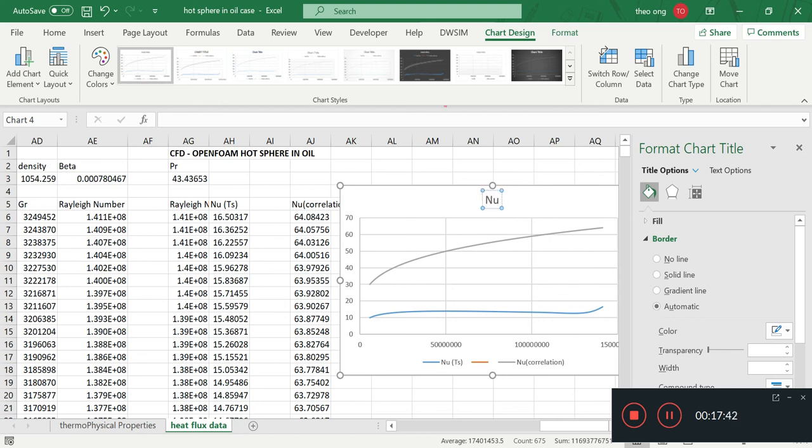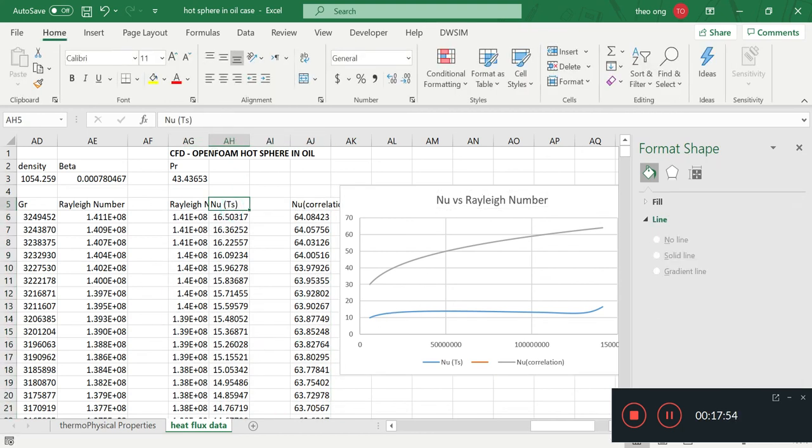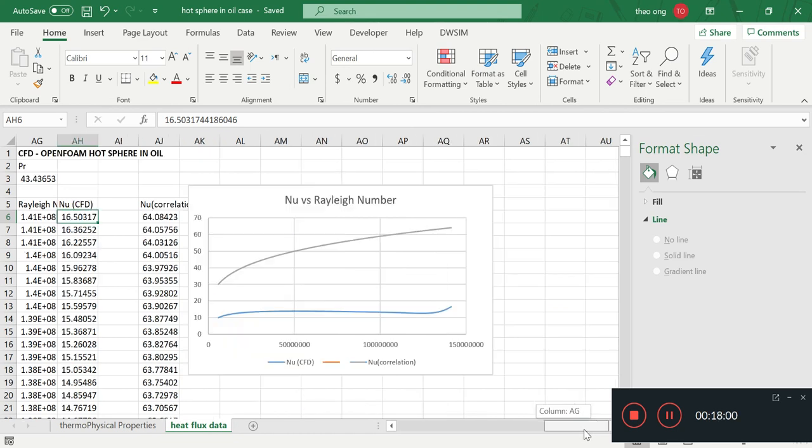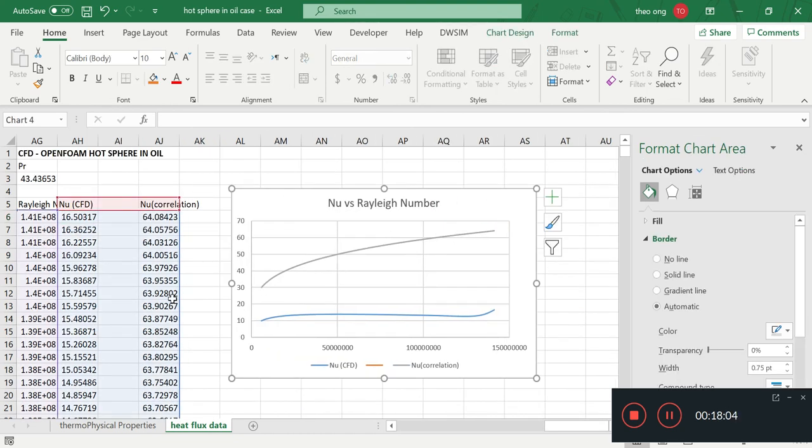So it's Nusselt versus Rayleigh number for correlation versus the CFD. Now it looks like the correlation one over predicts the CFD one, and the trends differ a little bit.